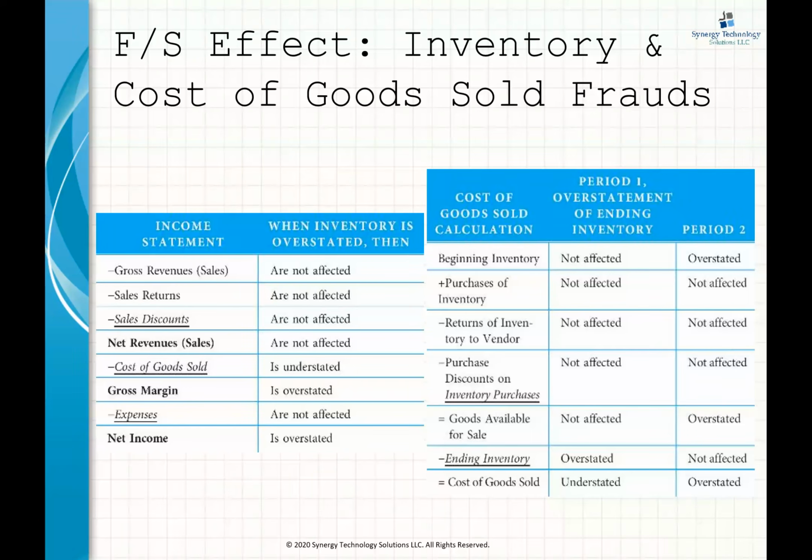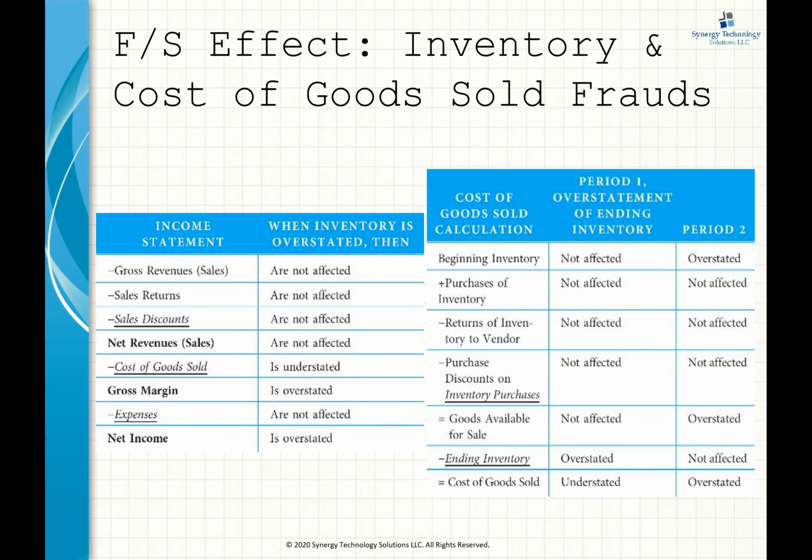Yesterday, one thing I skipped over is the financial statement effect of inventory and cost of goods sold fraud. If inventory is overstated, what will be the effect on the financial statement, for the income statement, for example? Because at the end, the companies are trying to really boost up their net income. A reader of financial statements, or investors, first look at how the company is doing on the net income side.